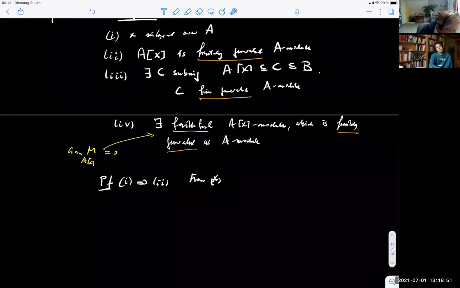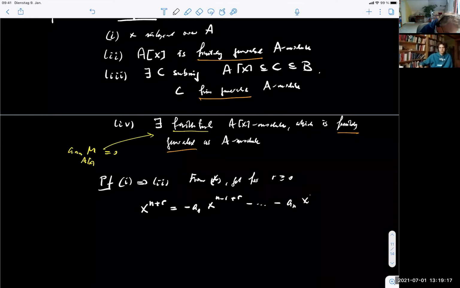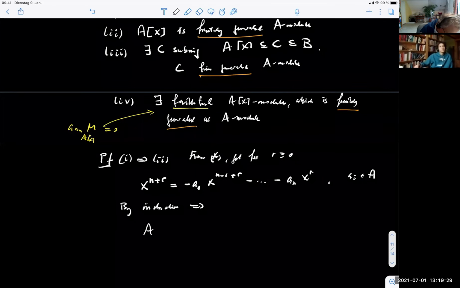So from star, we get, when we do induction, let me write, x^(n+r) is, first I write this, a times x^r, where the a are in A. And then by induction I claim we get the whole ring A[x] as the sum of the A x^i over all natural numbers.